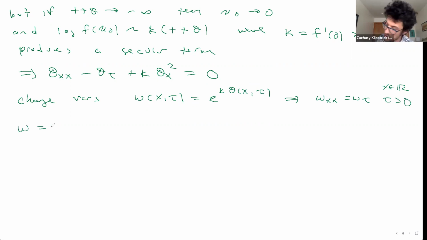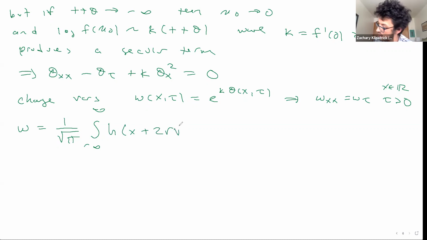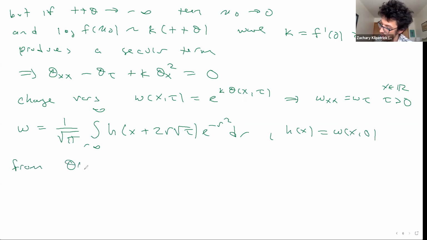So then you can just solve for w, and you get the integral of h of x plus 2r root tau times e to the minus r squared dr, where h of x is equal to whatever the initial condition is for w. And we can figure out what that is from theta of x0.